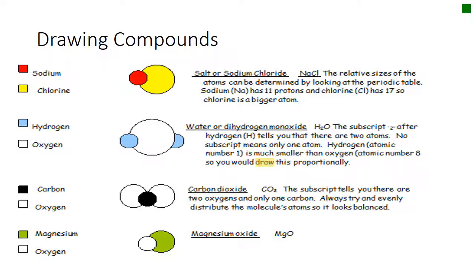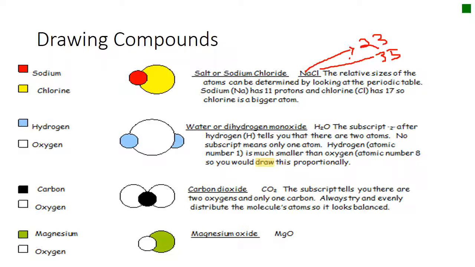We've got a couple of examples here. Sodium chloride: if I look at the periodic table, sodium's atomic mass, I think, is 22.99 or 23. Chlorine, I think, is 35. So this is about 23, and this would be 35.